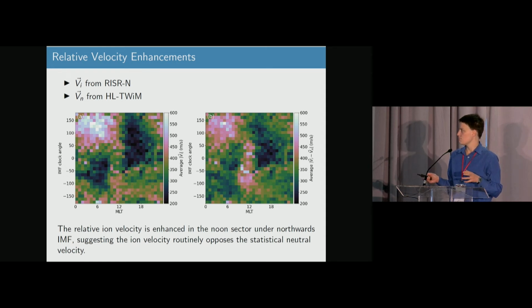And for a lot of this plot, this is true, with a very notable exception, again, this period with northward IMF in the noon sector, where you actually see an enhancement here. And this suggests that under those conditions, ion velocity routinely does oppose the neutral velocity when it reverses and starts flowing sunwards.